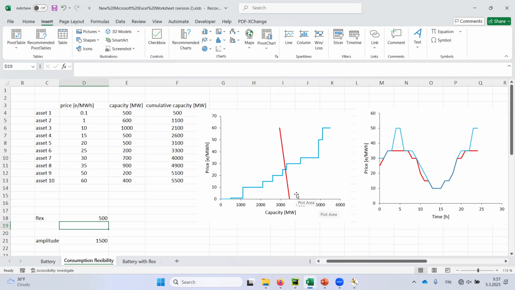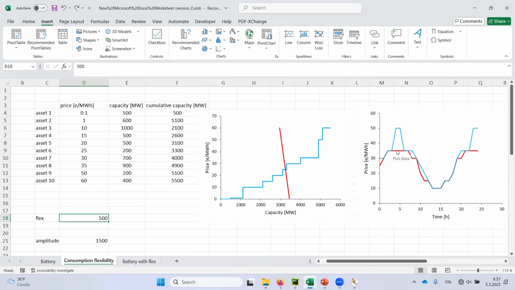So whenever the price is high, they say, well, I can decrease my load a bit. And if our price was now on this level, so 30 or 35, it's 30, and I'm going to put more flexibility in here, it's going to drop down into here.